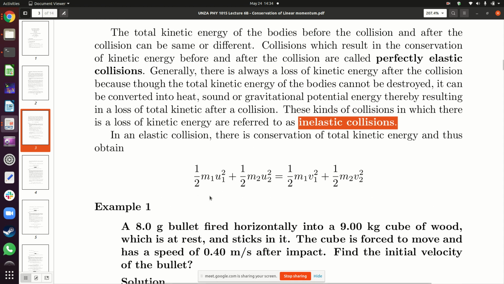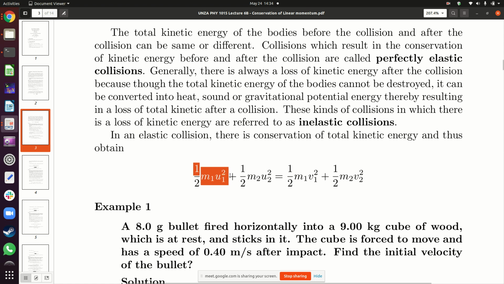In an elastic collision, the kinetic energy before and after should be the same. Since mass m1 was moving with velocity u1 before they collided, the kinetic energy is half m1 u1 squared plus half m2 u2 squared, which equals half m1 v1 squared plus half m2 v2 squared.